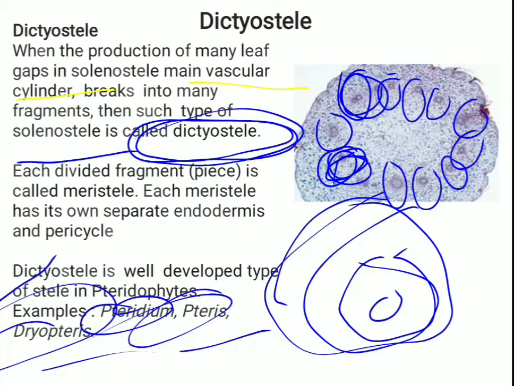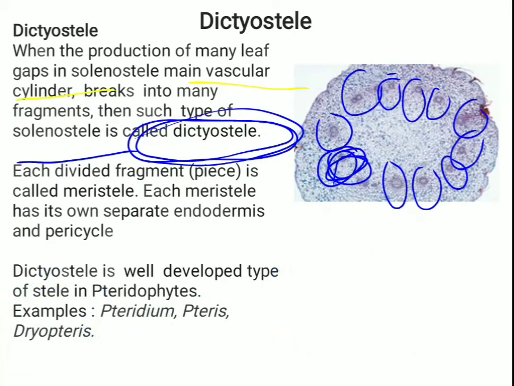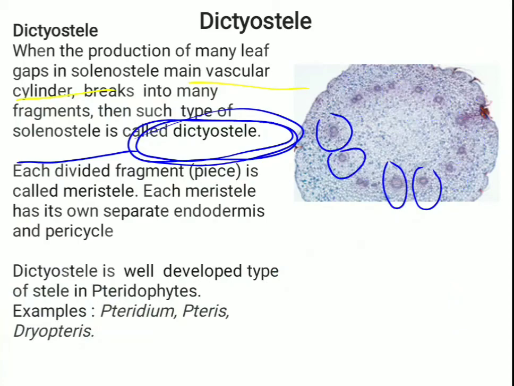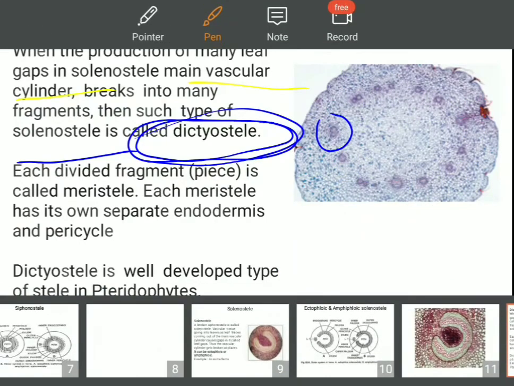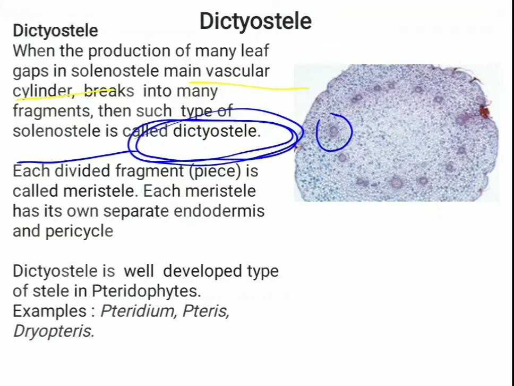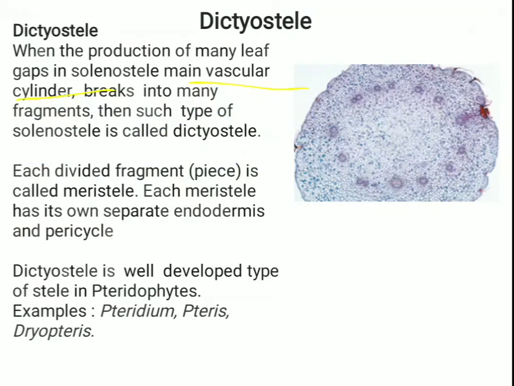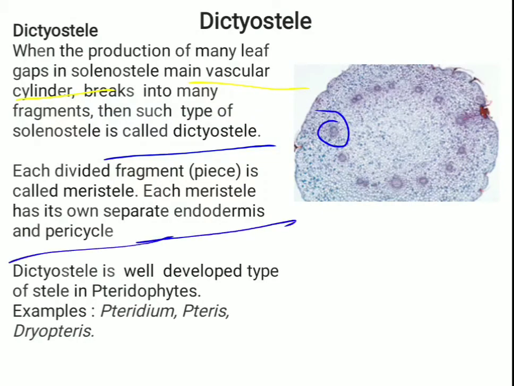In dictyostele, when many leaf gaps are produced, the main vascular cylinder of solenostele breaks into many fragments, and such a type of solenostele is called dictyostele. Each divided fragment is known as meristele, and each meristele has a separate endodermis and pericycle.